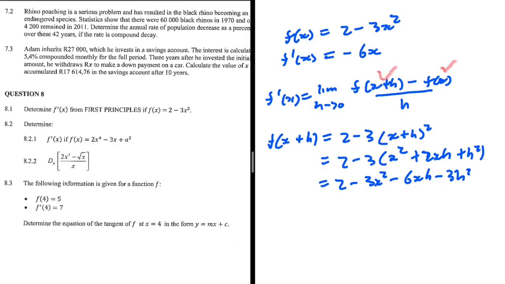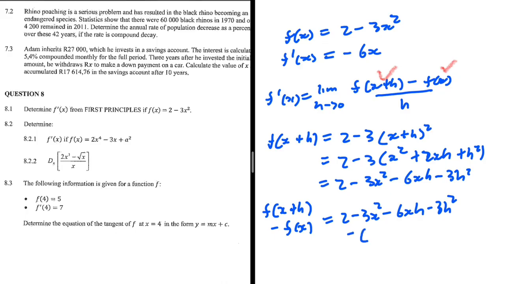Let's subtract f of x. So f of x plus h minus f of x equals 2 minus 3x squared minus 6xh minus 3h squared minus f of x. f of x is 2 minus 3x squared.